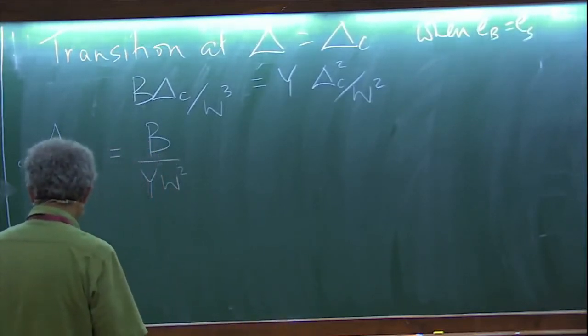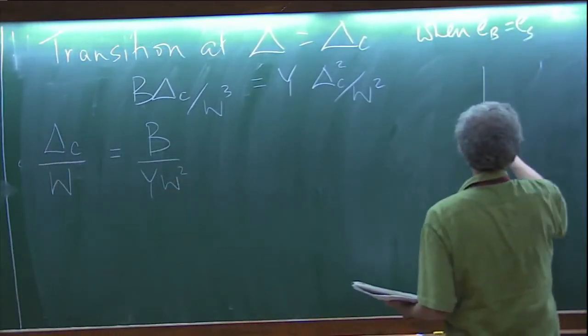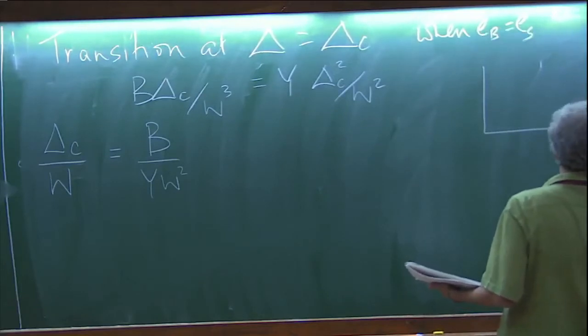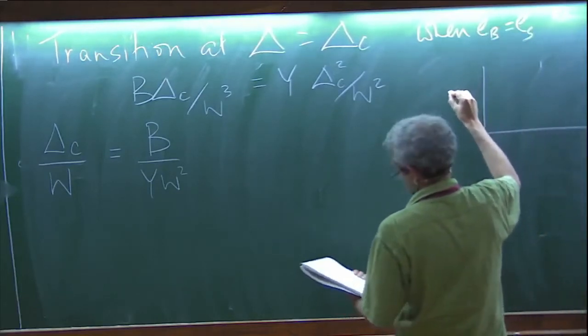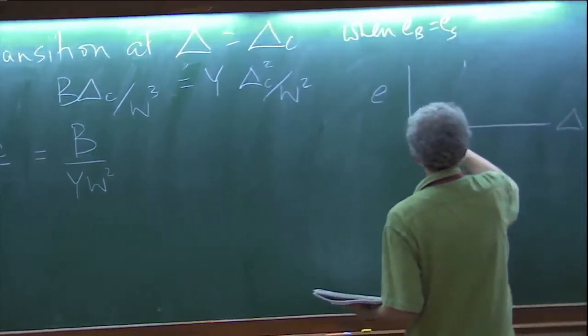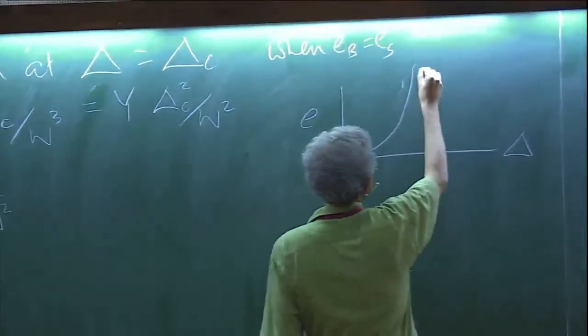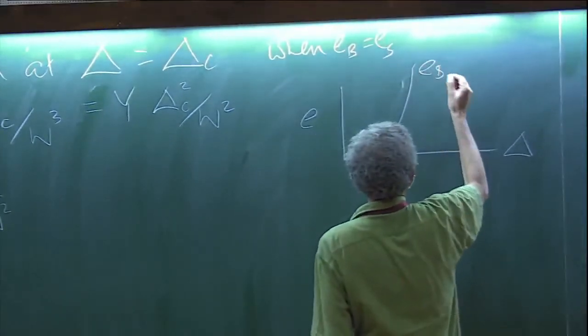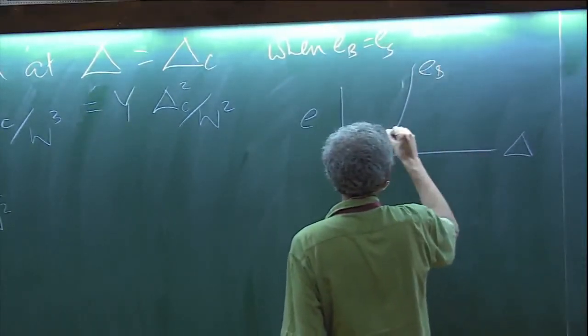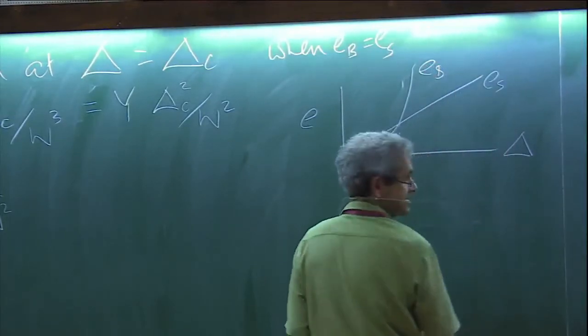So that's where this comparison predicts a transition from pure compression to bending. Okay? You might have seen this coming from the expressions. This is delta, and let's say this is the energy density. You saw that pure compression is like Hooke's law, it's quadratic in E stretch, and the bending is linear in E stretch, and so this is the place where they cross.